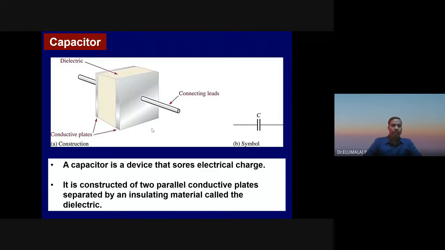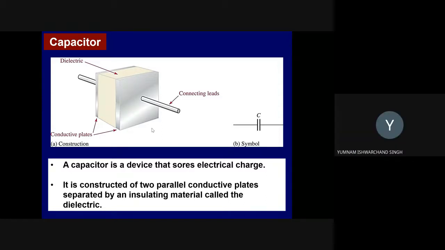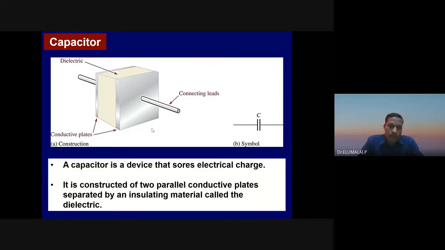Is there any difference between the dielectric and insulator? Sir, dielectrics can be polarized. Yes. Insulators cannot be polarized. The insulator that can be polarized is known as a dielectric material.